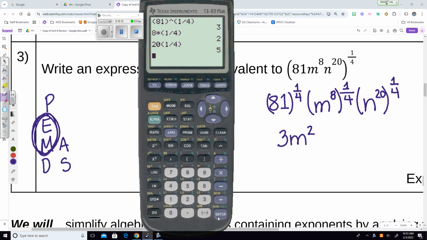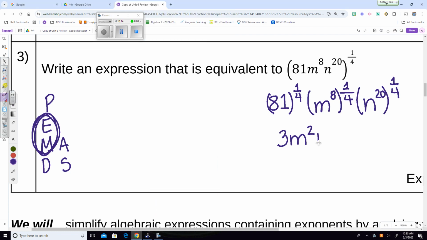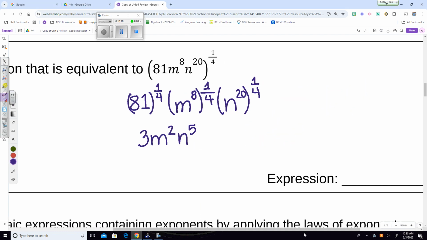Remember, your fractions need hugs. And we get n to the 5th. So the final answer there is 3m squared n to the 5th. So don't be thrown off just because the exponent is a fraction, okay? Questions there for me?